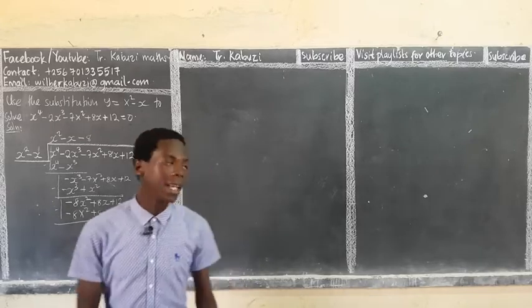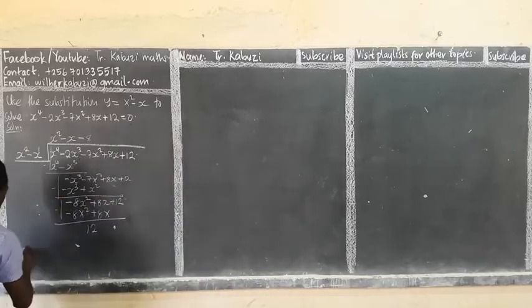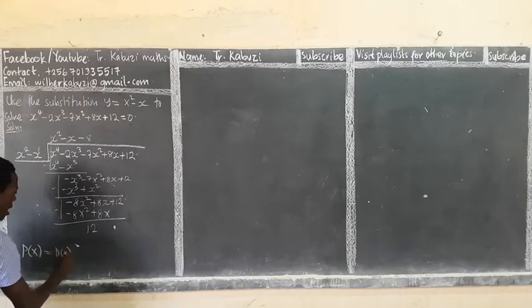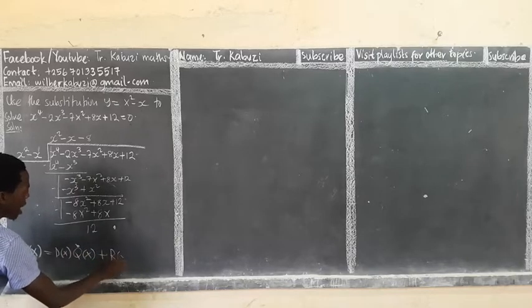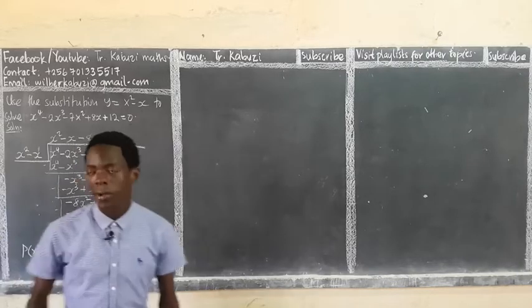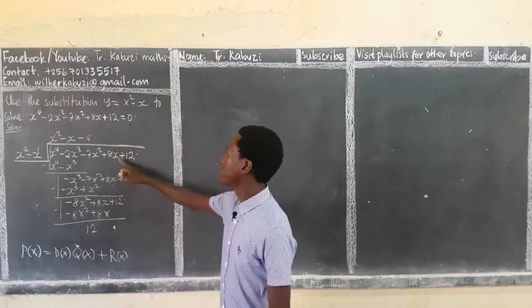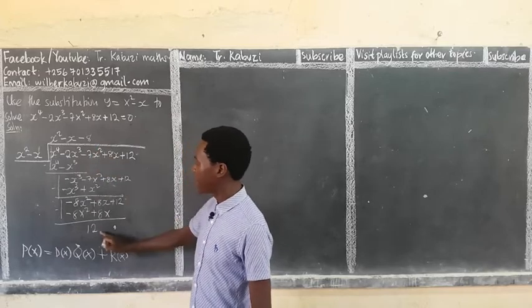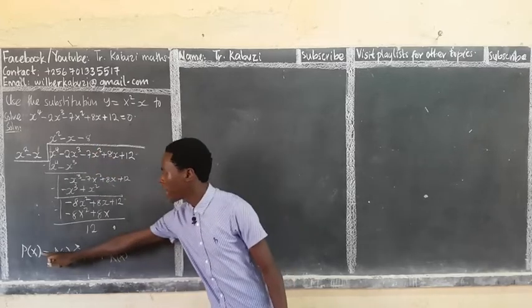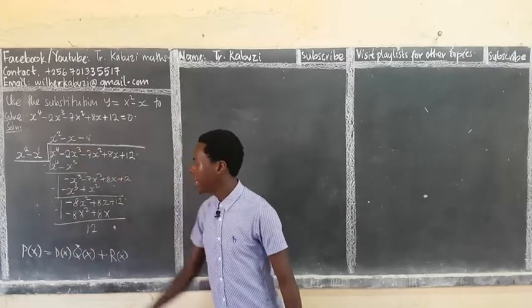But remember we said in long division, our polynomial is equal to the divisor times the quotient, plus the remainder, in that order. So when you look at this, our polynomial is this, this is the divisor, this is the quotient, and this is the remainder. So now I'm going to write the whole of this in this form.